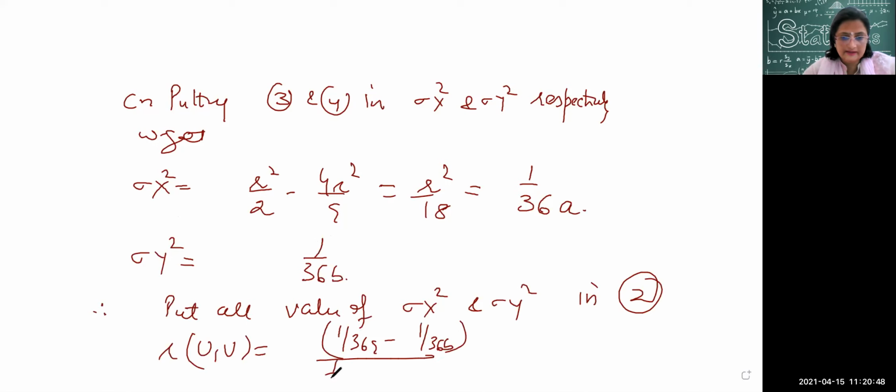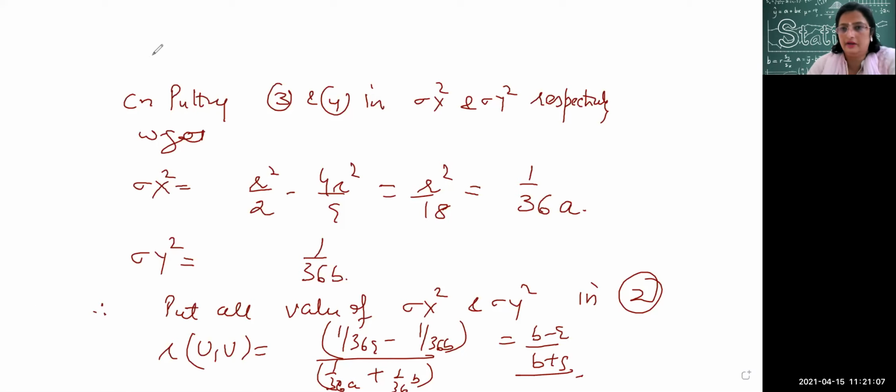Same with the plus sign, 1 by 36a plus 1 by 36b. And that comes out to be, after solving, b minus a upon b plus a. So this is all about the numerical computation of the correlation coefficient of continuous variables.